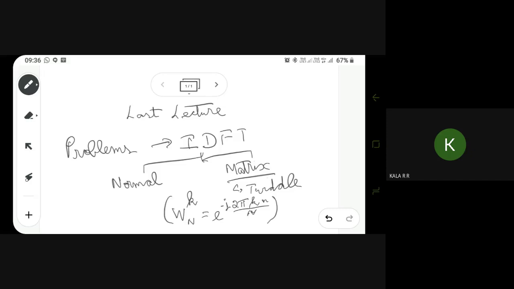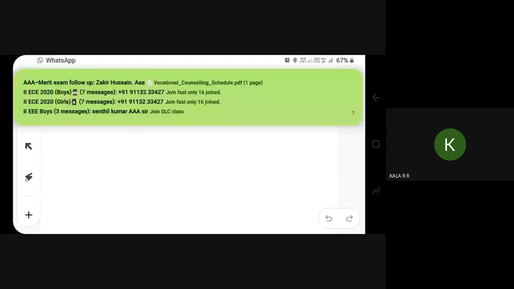Based upon this twiddle factor only, your matrix will be defined. This is what we have seen in the last lecture. In today's lecture, we will be dealing with the properties.